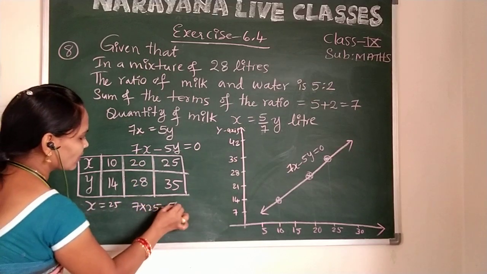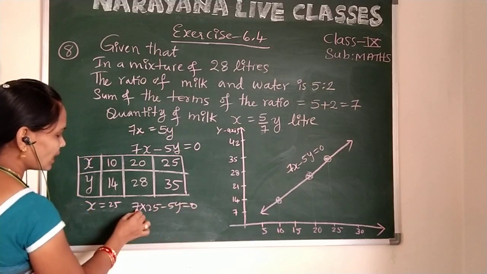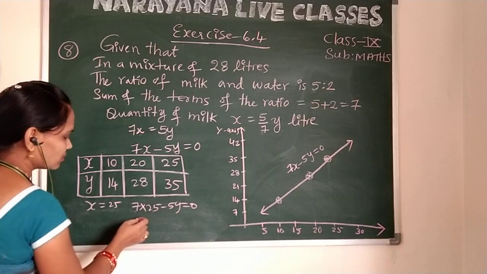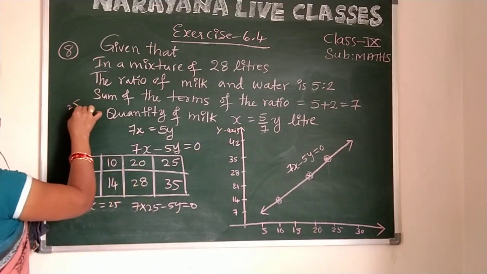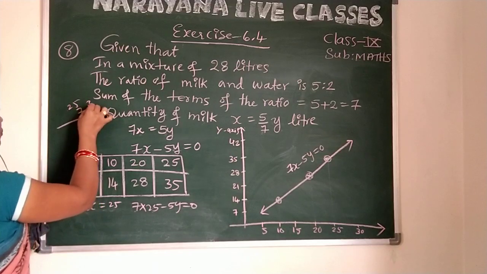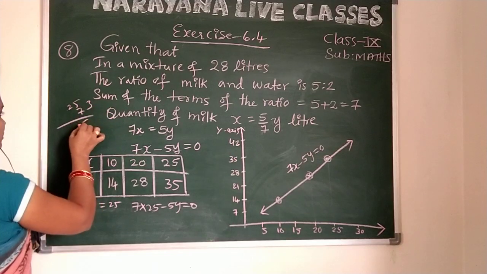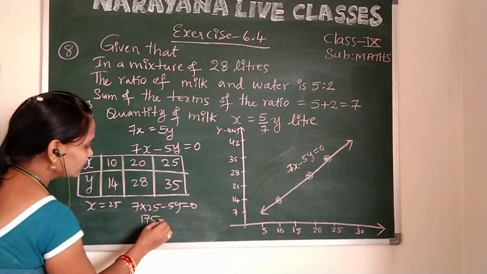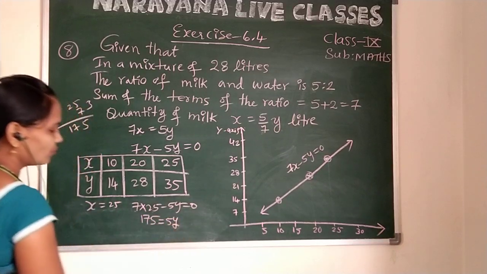In a similar manner, we take x is equal to 25 and substitute: 7 times 25 minus 5y is equal to 0. Multiplying 25 into 7, we get 175. Directly I am writing 175 is equal to 5y.